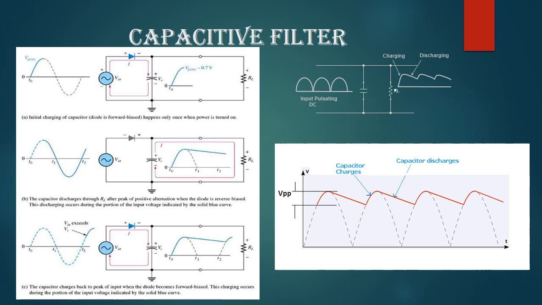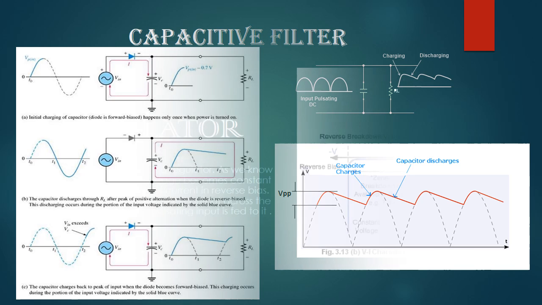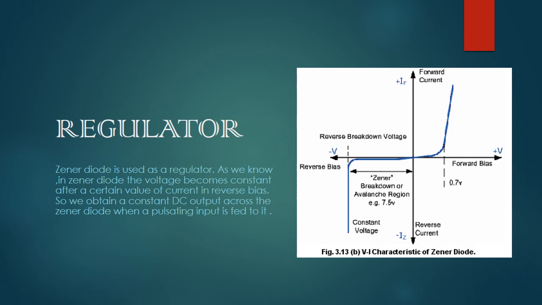Now we come on to the voltage regulator. Here we use a Zener diode. As we know, in a Zener diode, the voltage becomes constant after a particular value of current in reverse bias. Hence, a constant regulated output is obtained.